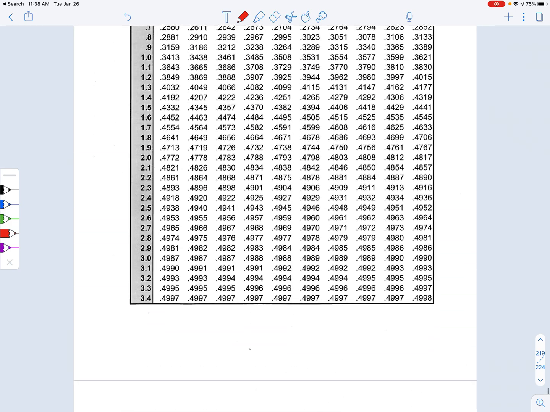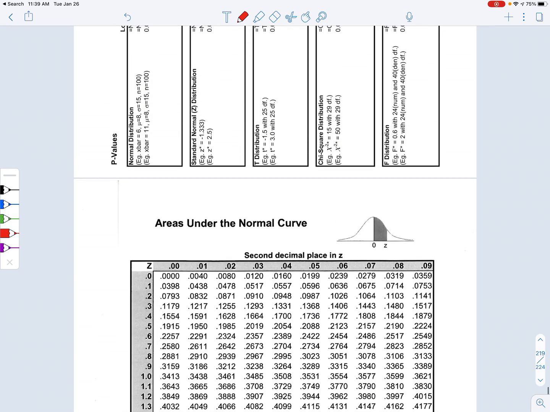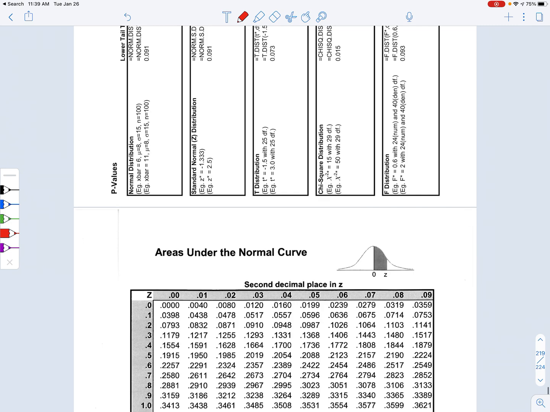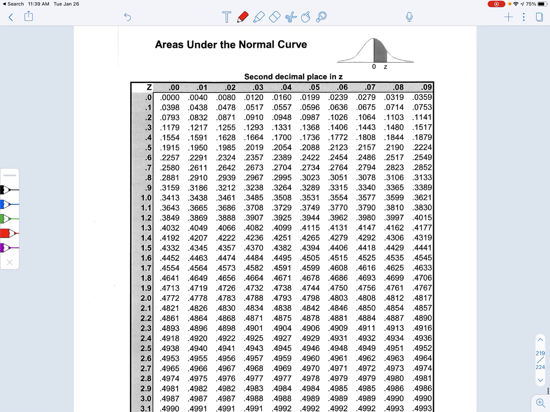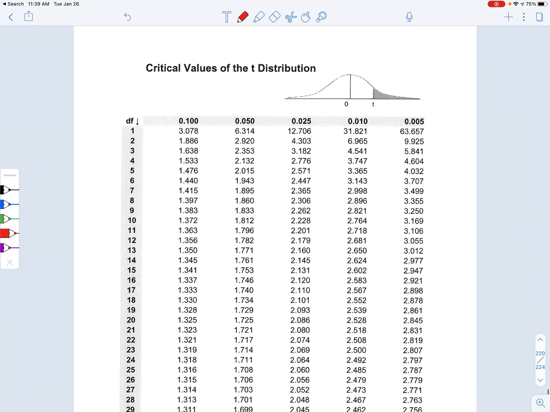So I'm just going to back up and say this is the part where we have our tables here, right? And so we've got the normal table, and then we've got the t-table. Let's just stop here at the t-table, and with the t-table, down the left-hand side, you've got your degrees of freedom. And then across the top here, then you've got various values of alpha or alpha over 2, depending on what kind of problem that you're dealing with here.